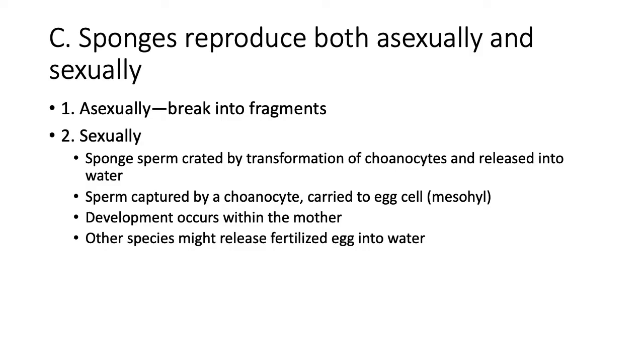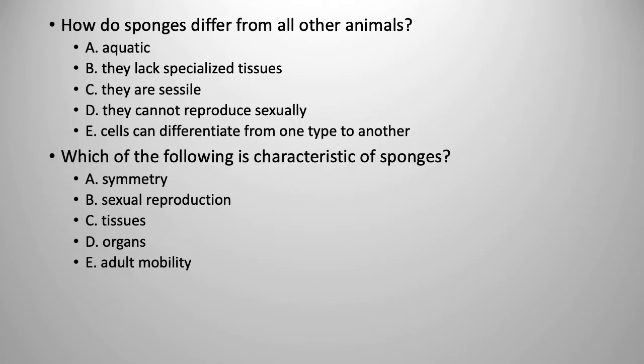Okay, moving on to some review questions. How do sponges differ from all other animals? B, okay, I guess that's kind of true. I was looking more for E, but you're right.